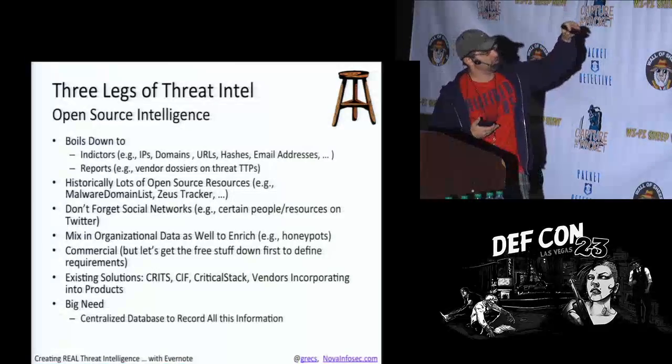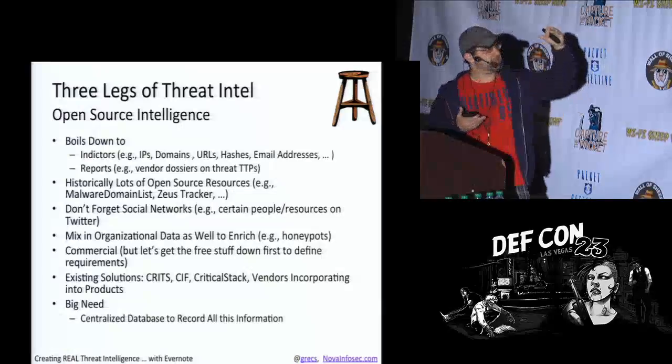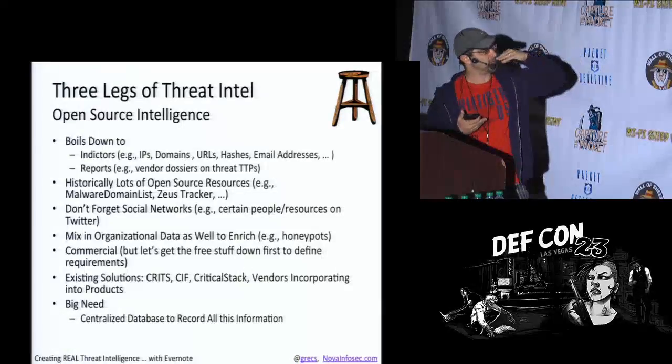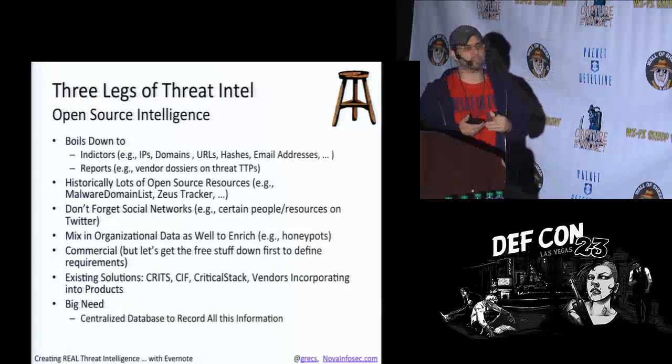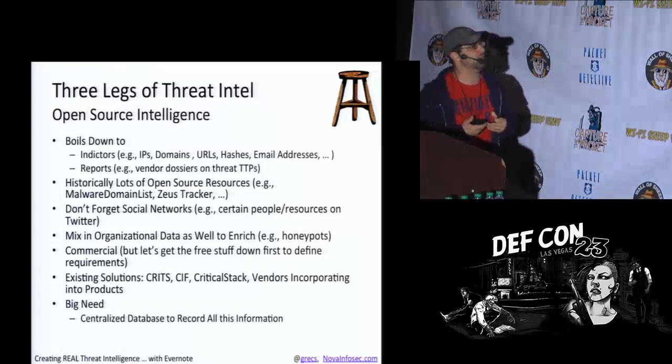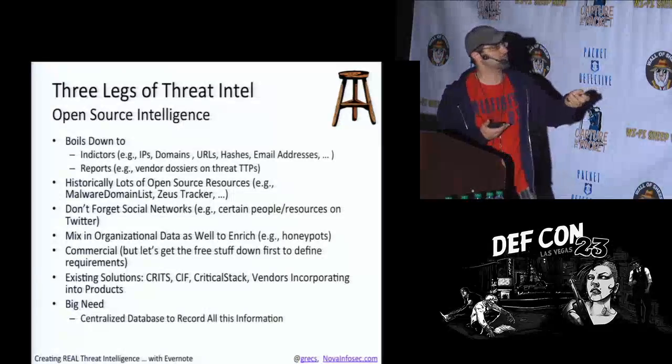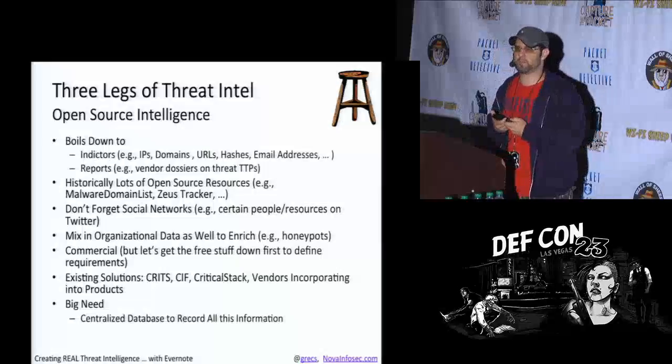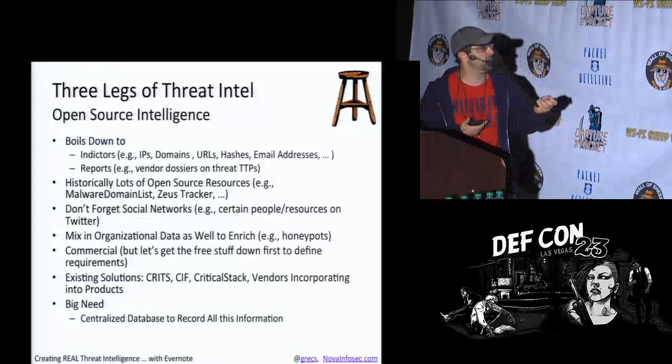So there are those two, at the bottom and the top of the spectrum, and there are a lot of different hybrid products in between. But historically, there are a lot of different open source resources, so I just listed a few there.